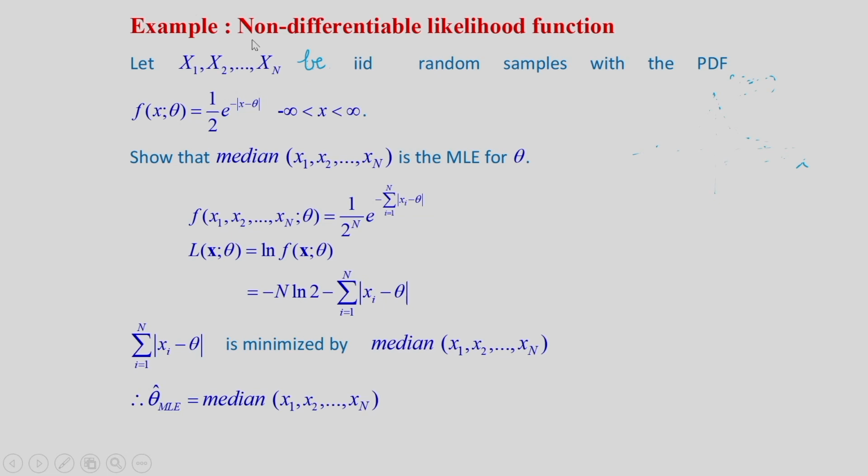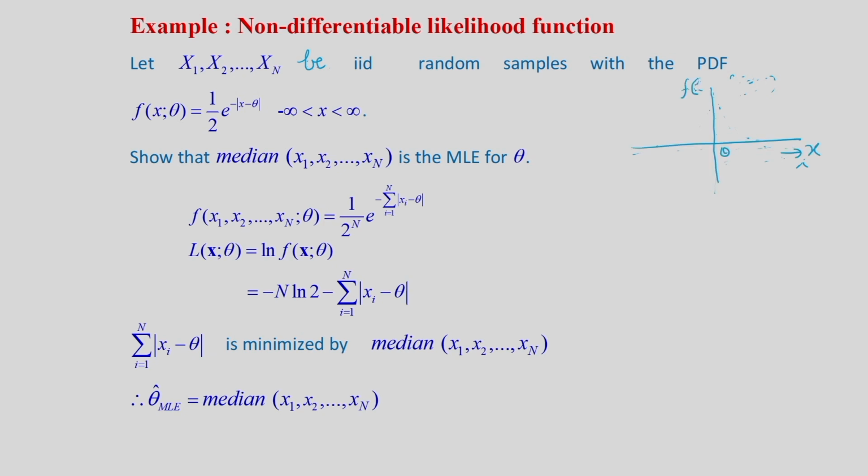In the third example, we will consider a non-differentiable likelihood function. Let x1, x2 up to xn be IID random variables with the PDF given by f x theta is equal to half e to the power minus mod of x minus theta. So, this is symmetric about theta, and this distribution is known as the Laplace distribution.